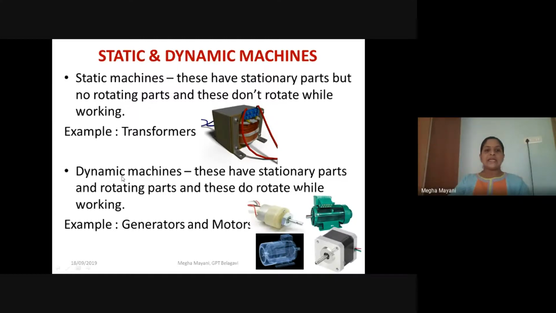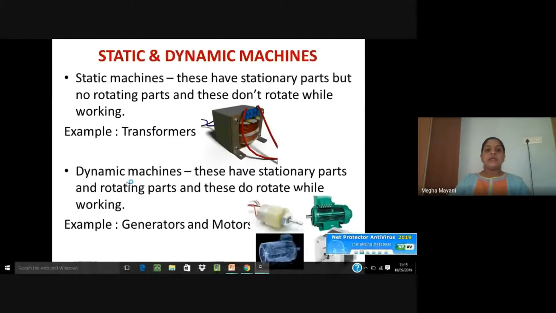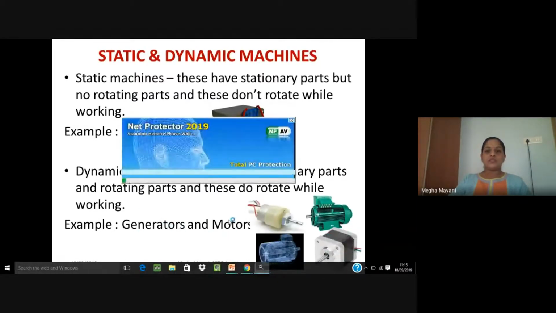The next category is dynamic machines, or rotating type of machines. These have stationary parts as well as rotating parts, and they do rotate when working. Examples of dynamic machines are generators and motors.